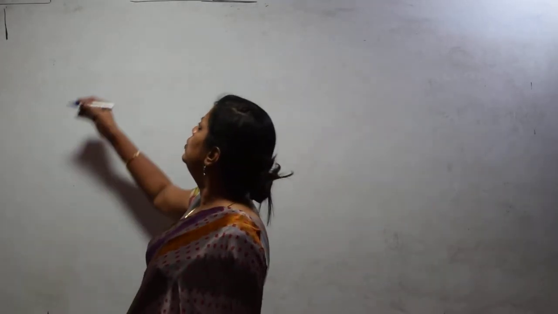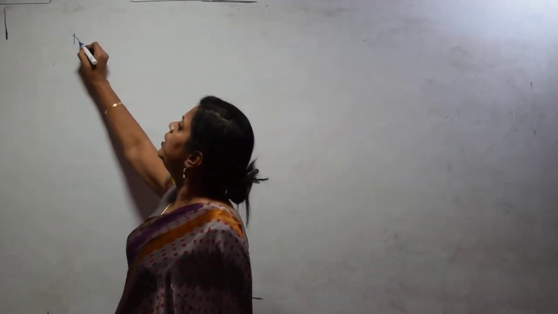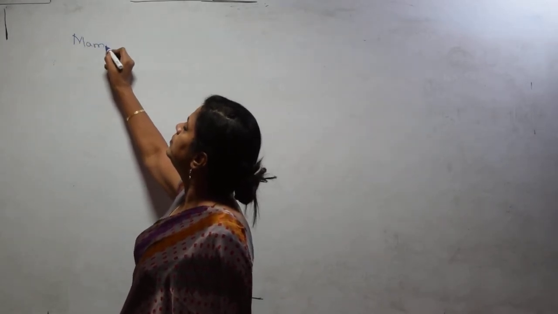Now let's move on to the last part of the structural topic, that is the female mammary gland. This is a very important question for you, which has been asked in many of these examinations. So let me give you the structure of the mammary gland in females.